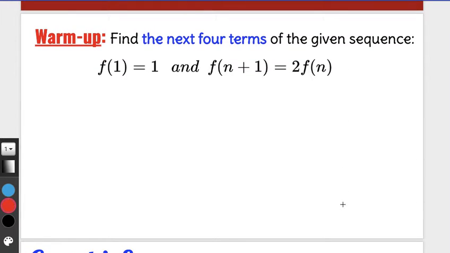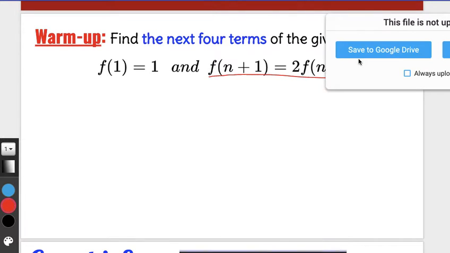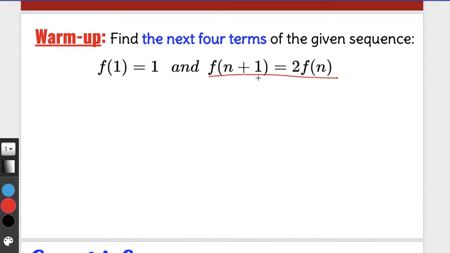As you can see, we have a sequence defined by a recursive formula, given the first term. Remember, as I mentioned before, this is telling us how to get the next term from the current term. So n plus 1 indicates the next term, and this is the current term.